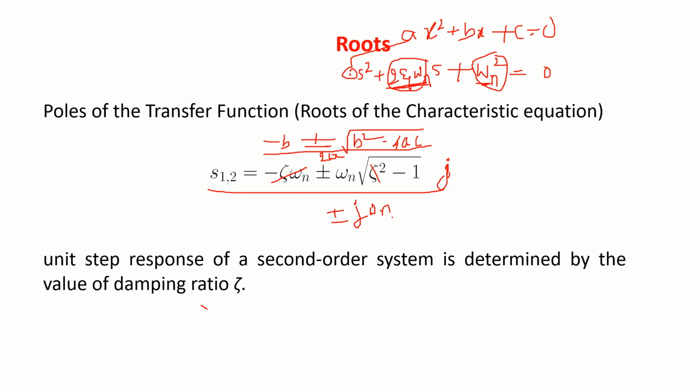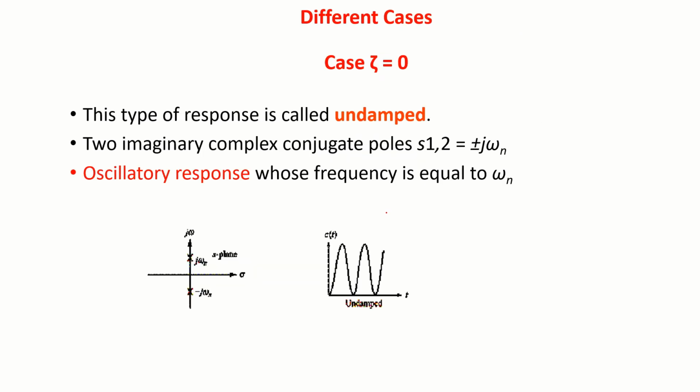Two imaginary roots you get. One imaginary root is sitting over here, this is the S-plane, sigma j omega, and another root is sitting over here. There are two roots on the imaginary axis.